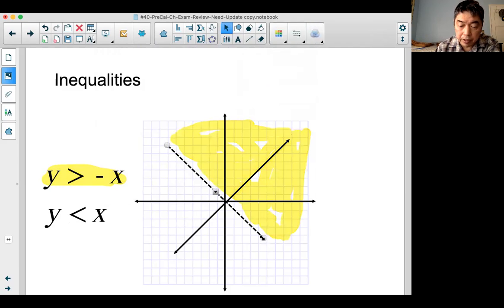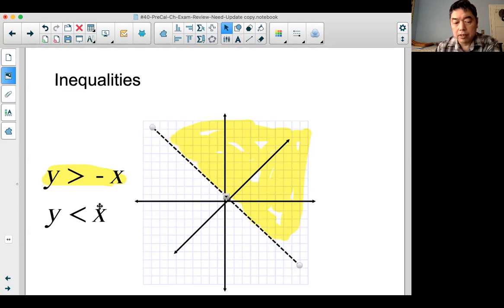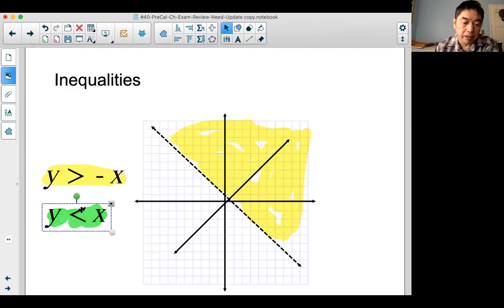You can extend it a little bit and highlight everything above this. I'm a little bit lazy. Now, this is less than, right? So I make it green. The one thing I forgot to do: this is included on the line too.